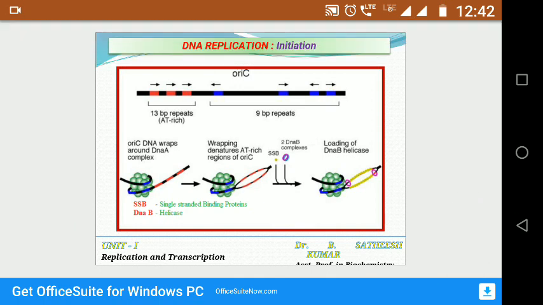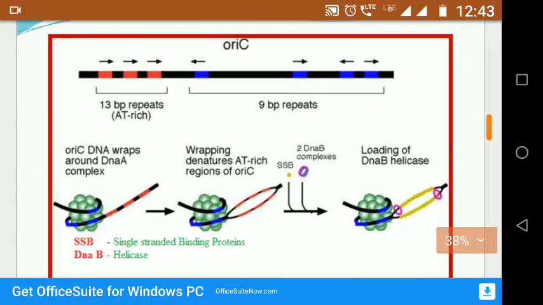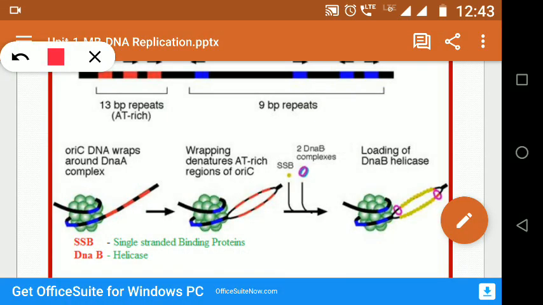The very first one is the initiation of replication. If we look at this diagram carefully, an E. coli cell contains a circular double-stranded DNA molecule. So this is, suppose, the circular double-stranded DNA. Somewhere here, the origin sequence is there.